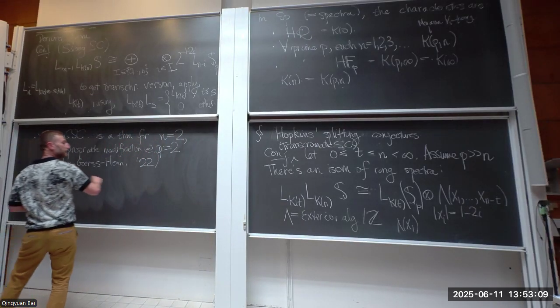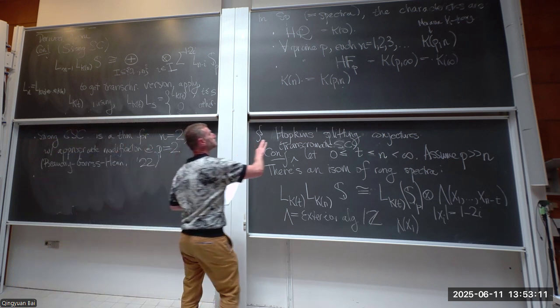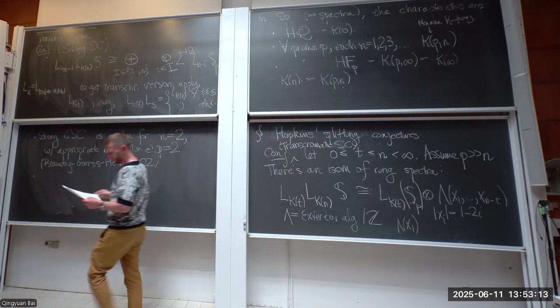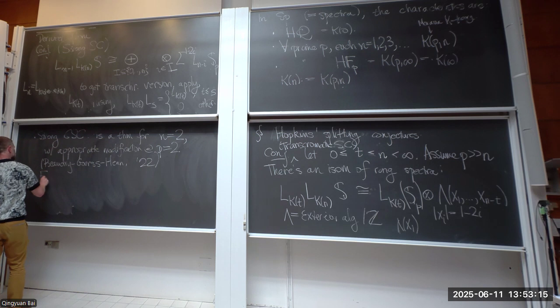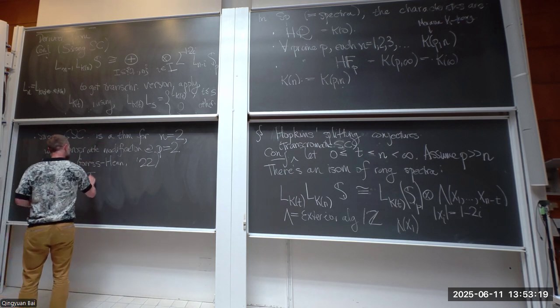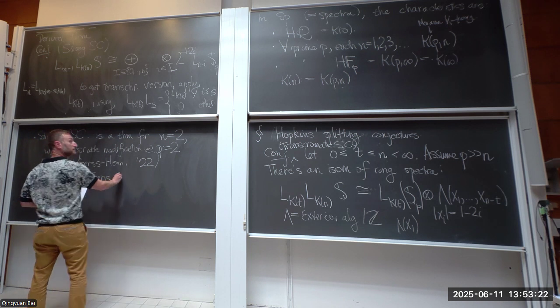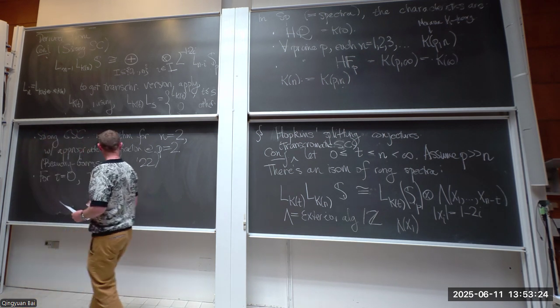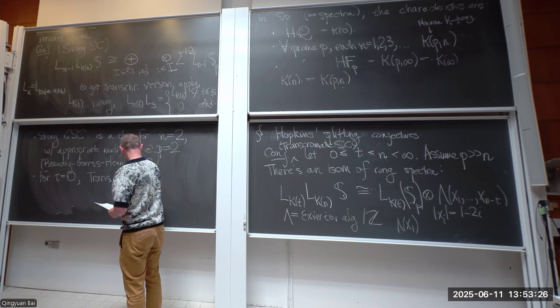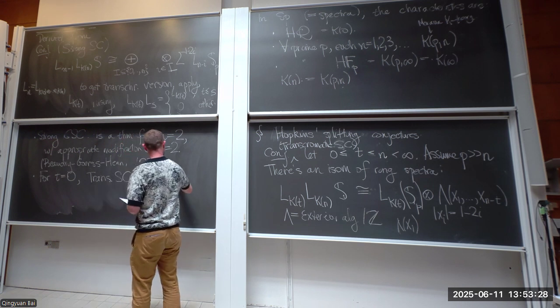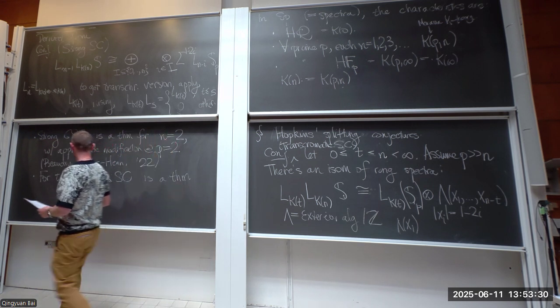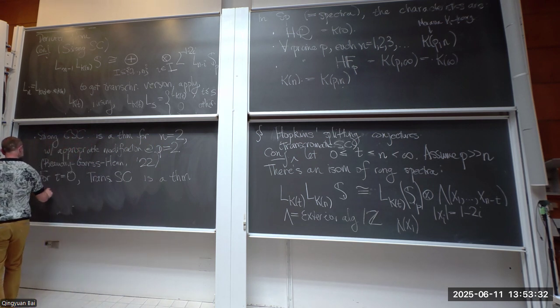For larger n, I can tell you something about this conjecture. The transchromatic splitting conjecture is a theorem for all n.